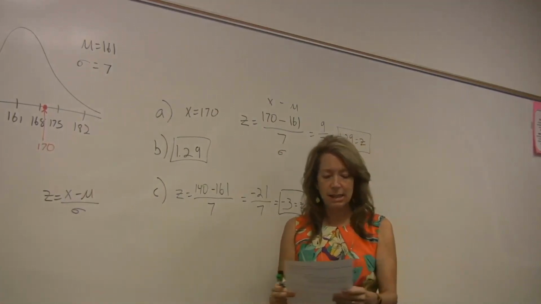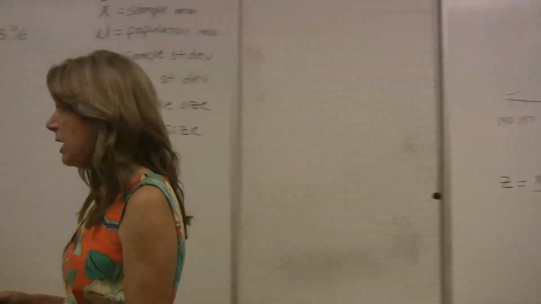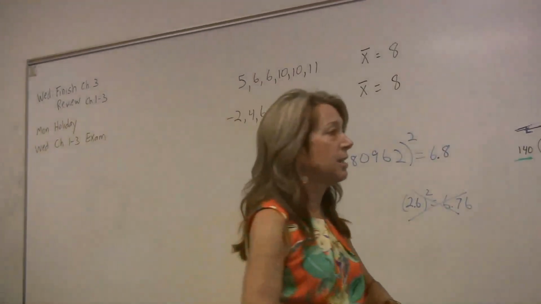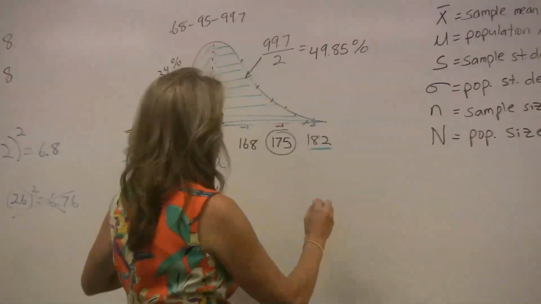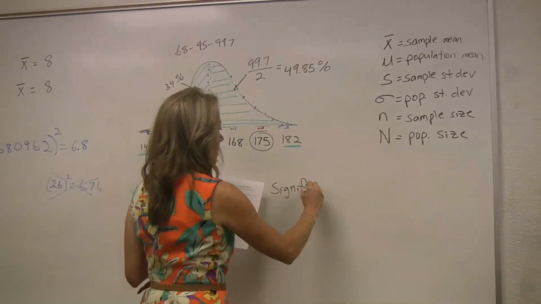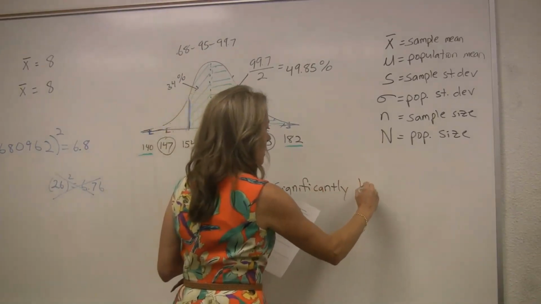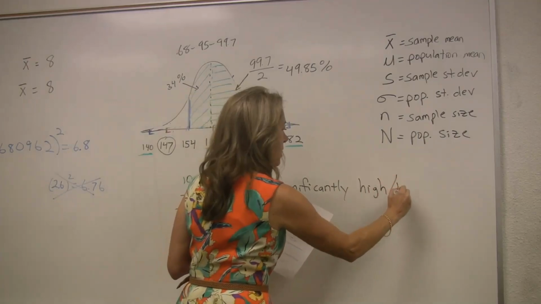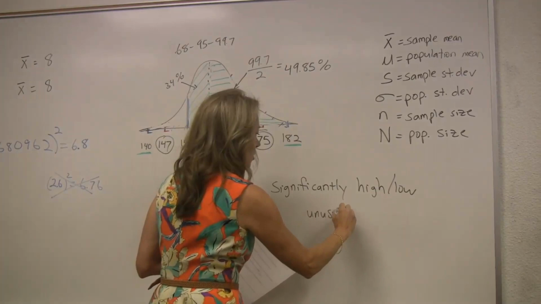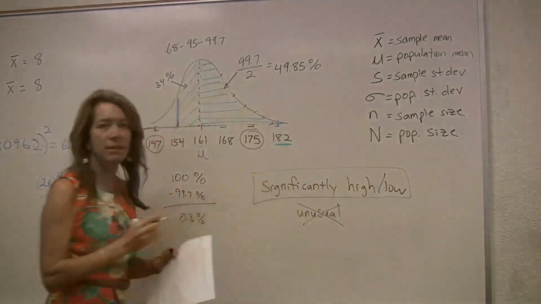All right. Right in the middle of page 30 is one of the typos that we need to fix. See where it says unusual values? I want you to cross off unusual and write significantly high/low right above it. Cross off the unusual, replace it with significantly high/low.